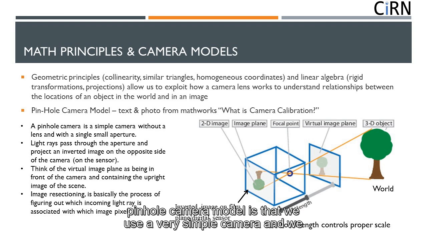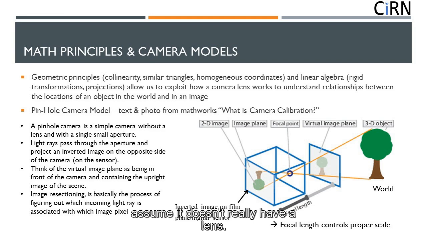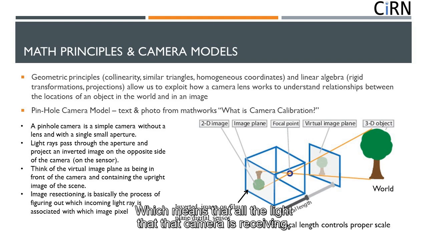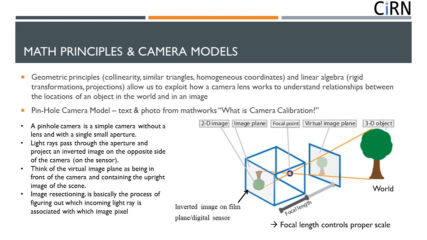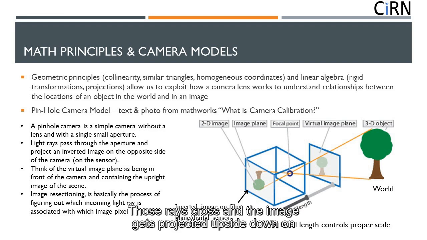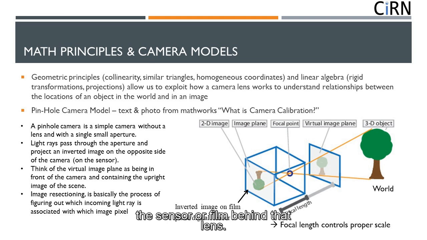And so the concept of a pinhole camera model is that we use a very simple camera and we assume it doesn't really have a lens and it has one single small aperture, which means that all the light that camera is receiving, rays that are reflecting off of all your objects in the field of view, come back through one single little pinhole. Those rays cross and the image gets projected upside down on the sensor or film behind that lens.